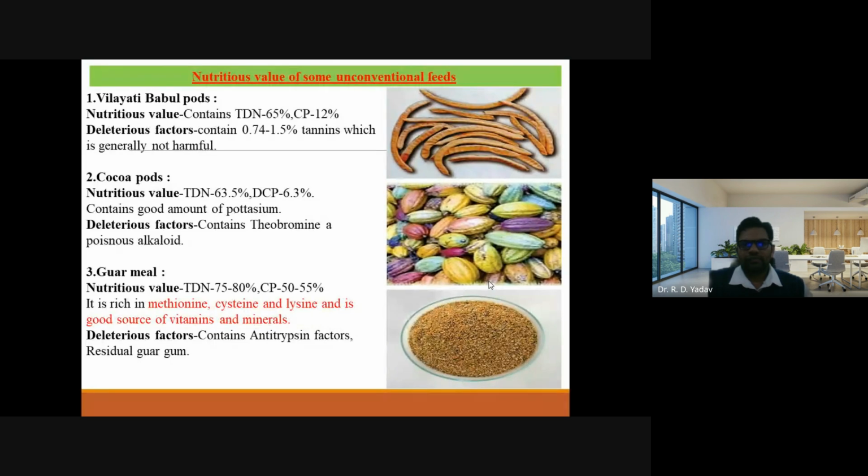Almost all unconventional feed resources have anti-nutritional factors. So we have to counter them by different methods like autoclaving and soaking, whatever different methods have been prescribed, before incorporating these ingredients in the final concentrate formulation or ration formulation.